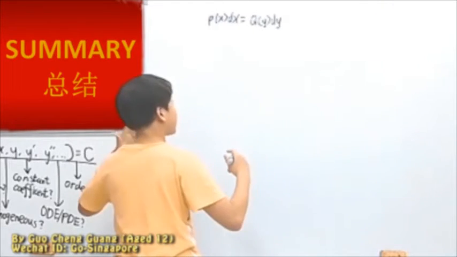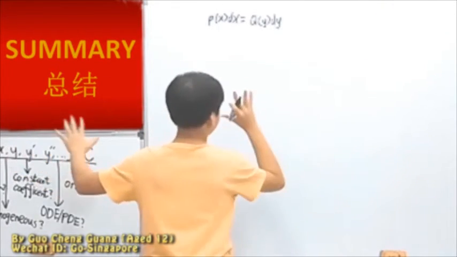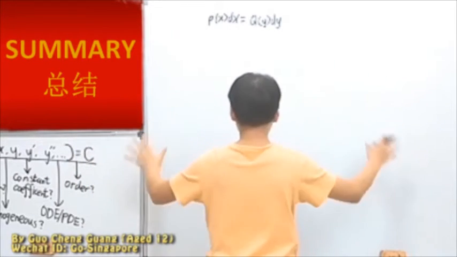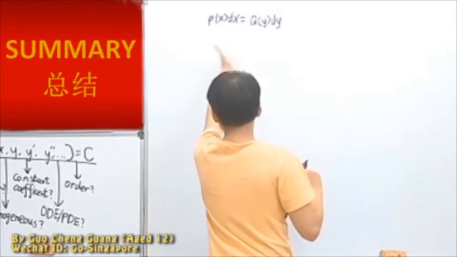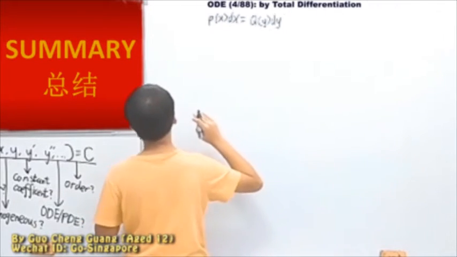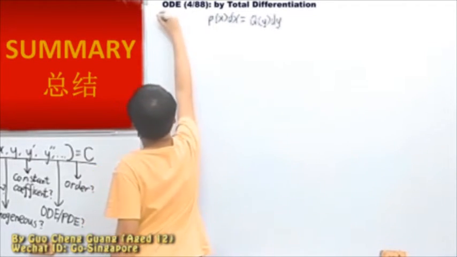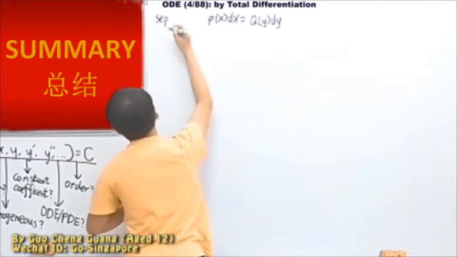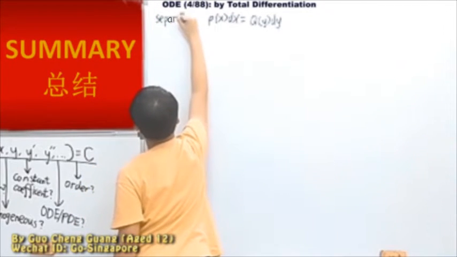That means all the x are on one side and all the y on the other side, so they're all separate. For this type of ordinary differential equation, we call it a separable differential equation.